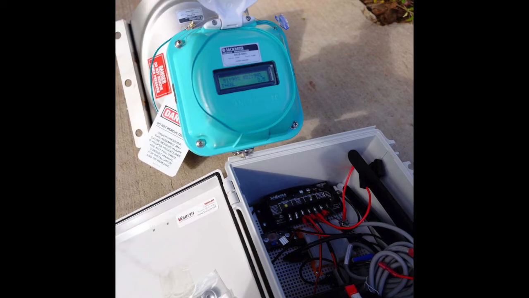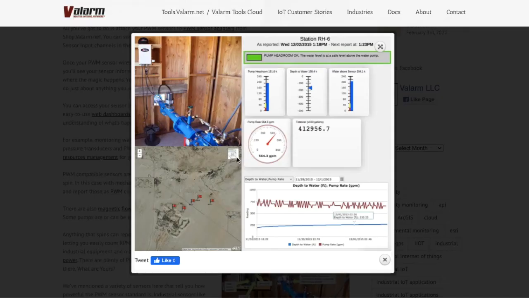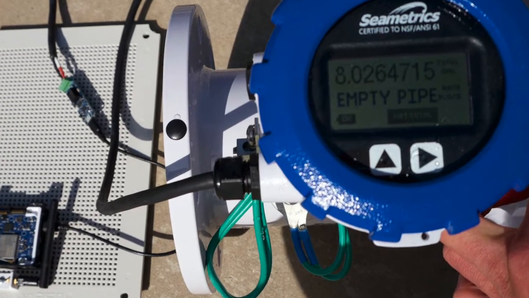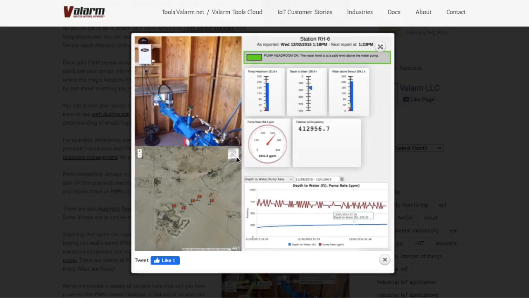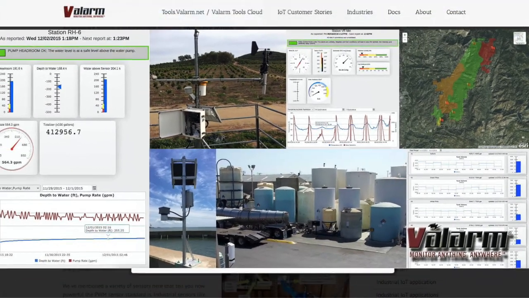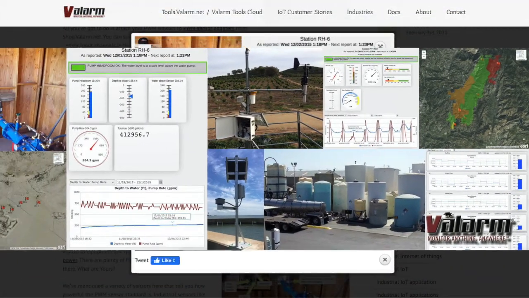However, since tools.valarm.net is an open platform, you can use sensors made by just about any company from around the world. We're happy to work with you to find what works best to help your business improve operations with remote monitoring.